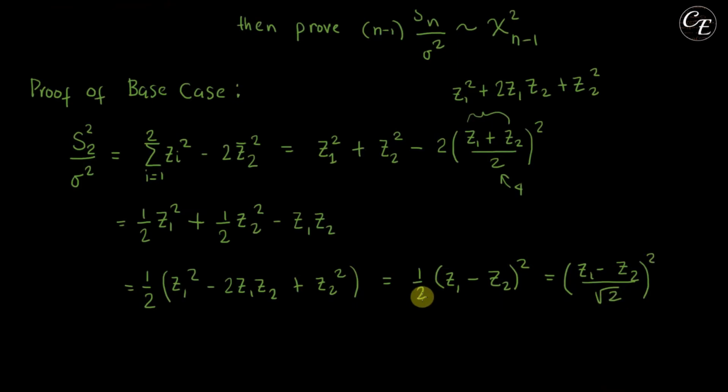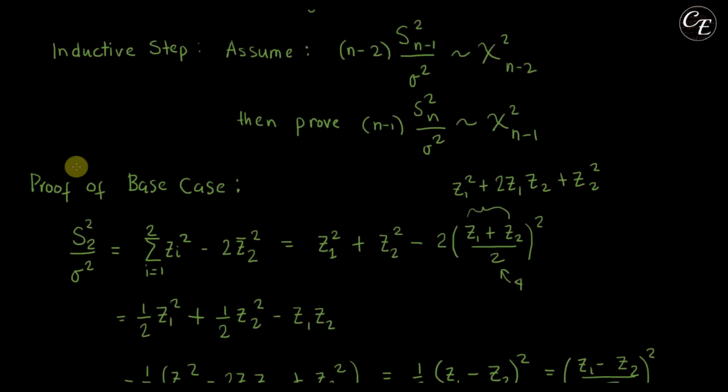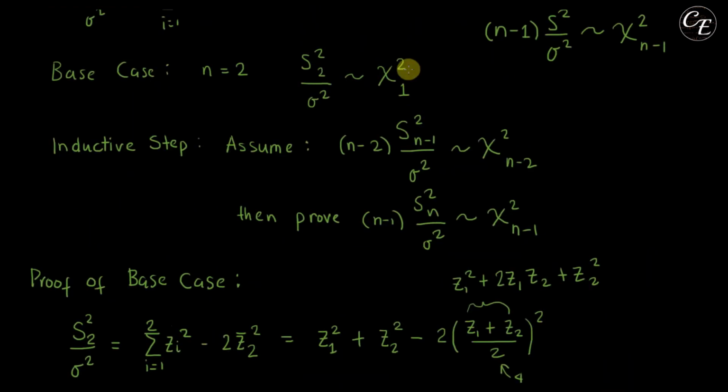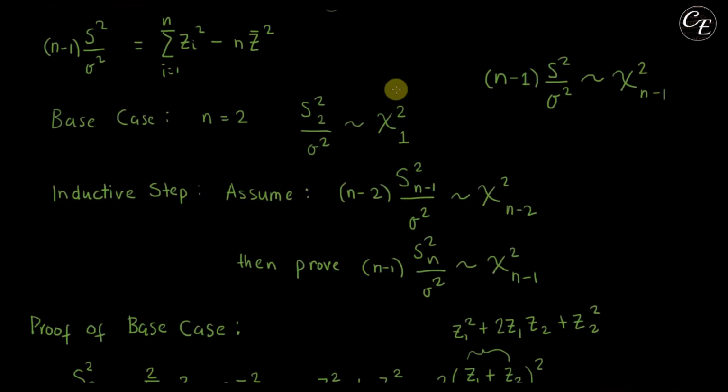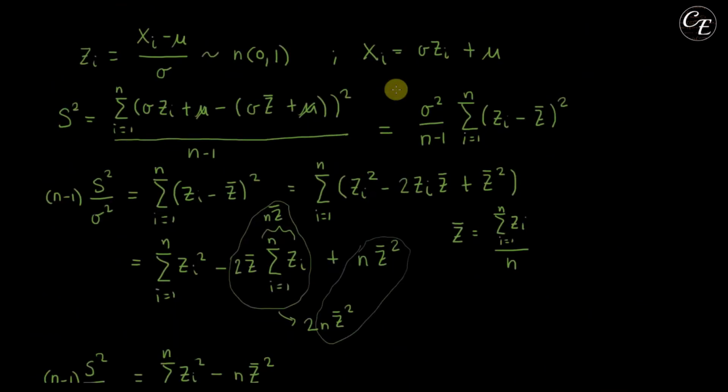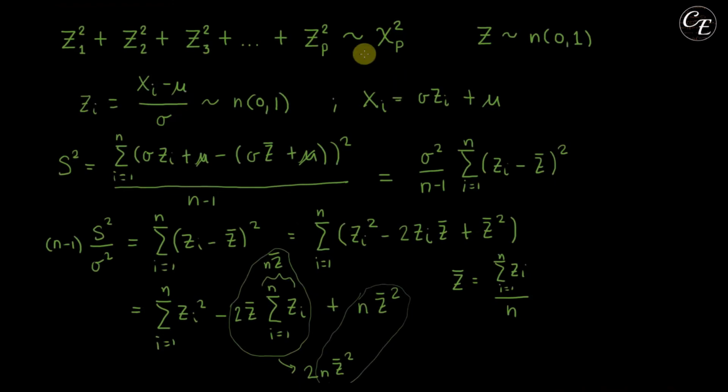Now in our base case, we need to prove that this one has chi-square distribution with 1 degree of freedom, and using our theorem, in here, if we have only one term in here, we will have a chi-square distribution with 1 degree of freedom.